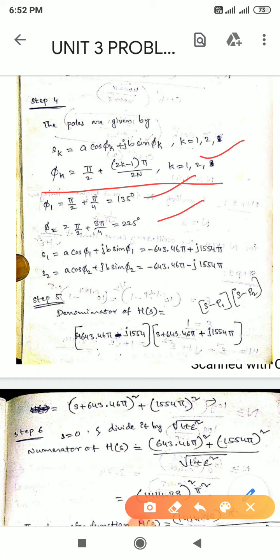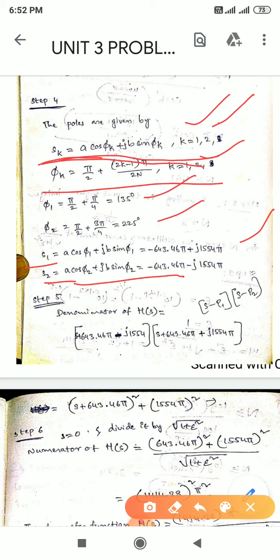Similarly, we are determining the sk value. Corresponding k is equal to 1, the s1 value. We are substituting phi 1 and the A, B values here to get the root s1. Similarly, we are obtaining the root s2. This can be obtained by substituting k is equal to 2 in this equation for sk.